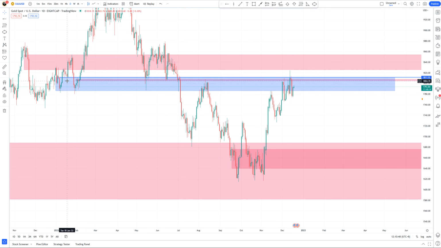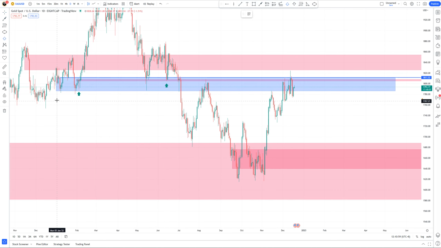Some of you might have asked me, oh, you can also choose this engulfing fail over here, or this engulfing fail over here. Obviously we can choose, but which is the best and highest potential zone?